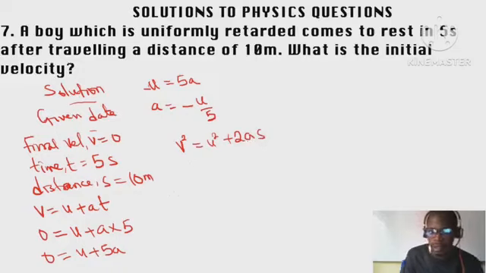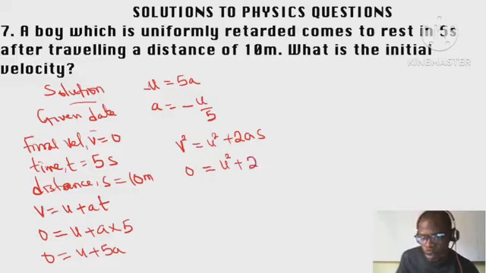And from here we all know that the final velocity has been given to be equal to 0. So here we have 0 is equal to u squared plus 2 into bracket our a.